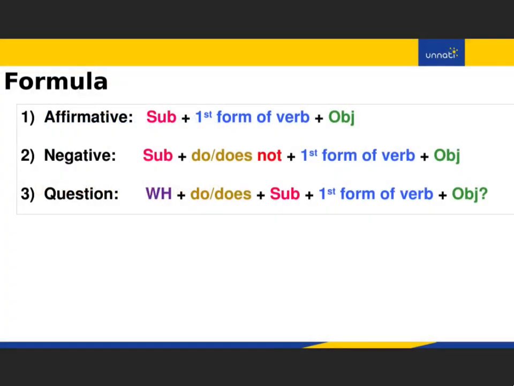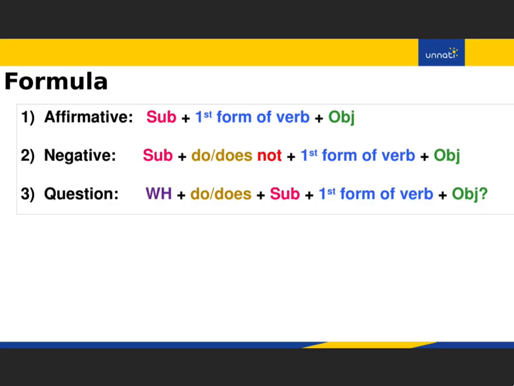So now we'll do a quick recap of all the formulas for affirmative, negative, and question in simple present. So for affirmative simple present, it is subject plus verb plus object. For example, I play football. I is the subject, play is the verb, football is the object.